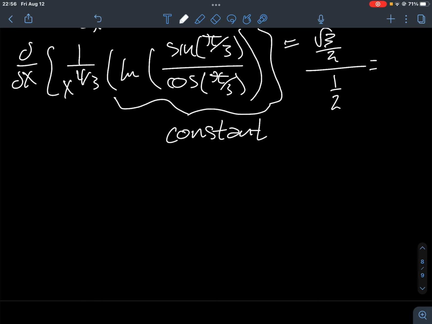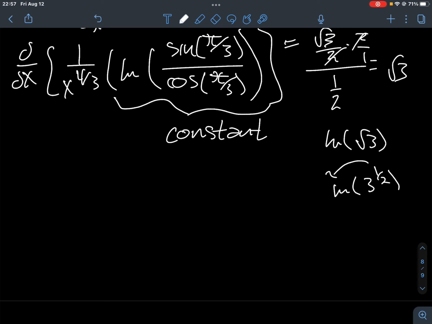And if we multiply that out, 1 over 2, do the reciprocal of that, it's 2 over 1. 2's cancel, and we get root 3. So we're going to get ln of root 3, which is ln of 3 to the 1/2, which by powers of logs, we can make this 1/2 ln of 3.